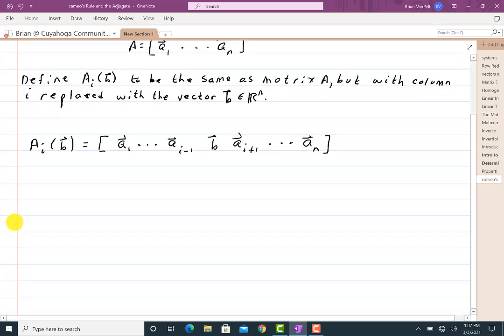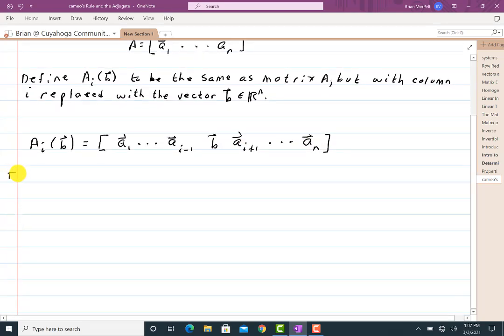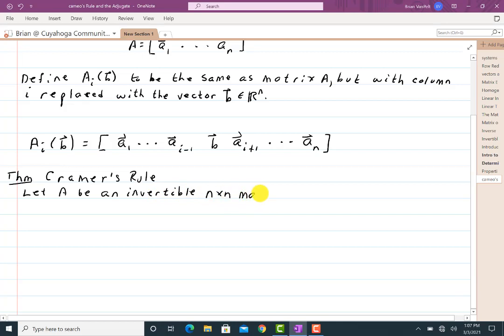Now we're ready for Cramer's rule. Let A be an invertible n by n matrix.